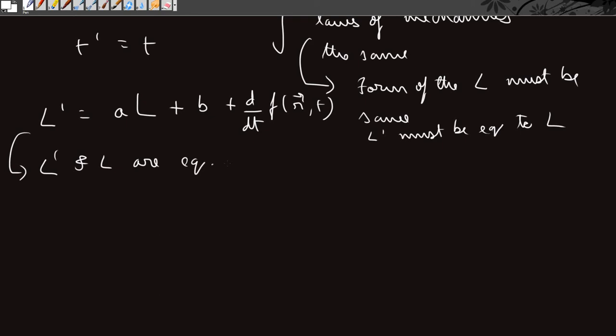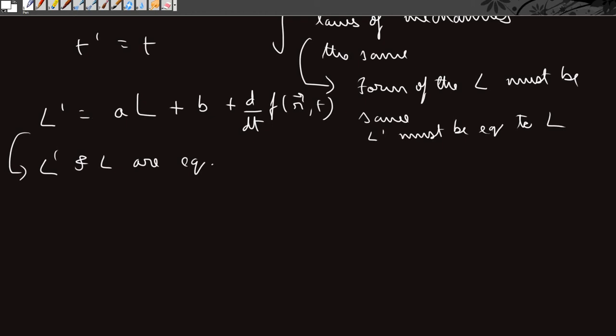By equivalent, what we mean is that if we apply the Euler-Lagrange condition to both of these Lagrangians, that is L dash and L, we are going to end up with the same conditions or the same set of equations. The only difference will be the overall multiplication by the constant A. Alright. So what does this mean?